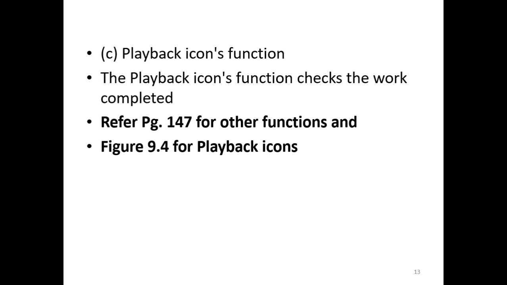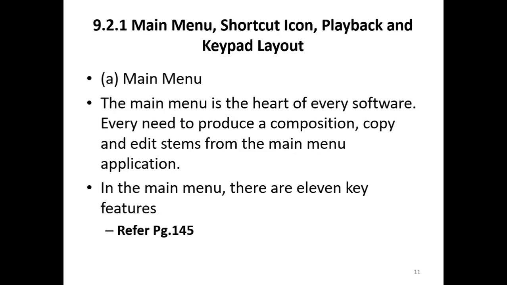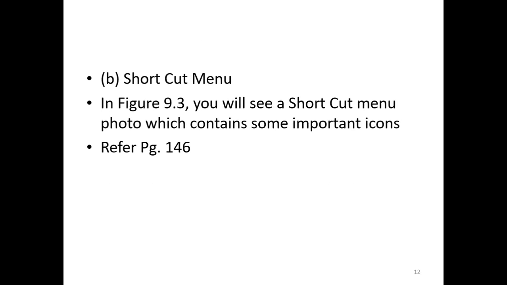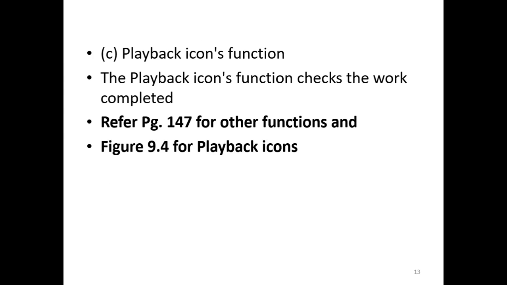And again, on page 147, you can see the other functions. In figure 9.4, you will see the playback icons, all on page 147 of your module. So just see the main menu, shortcut menu, and the playback icons function.